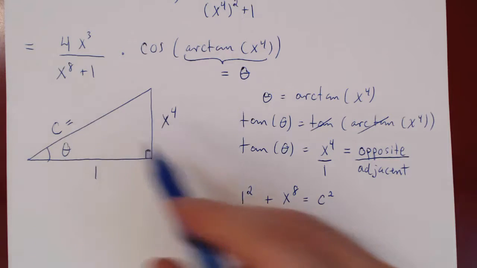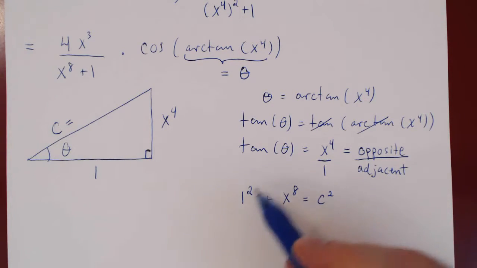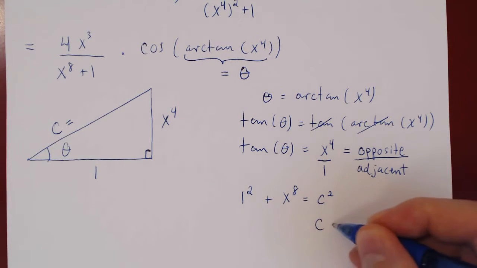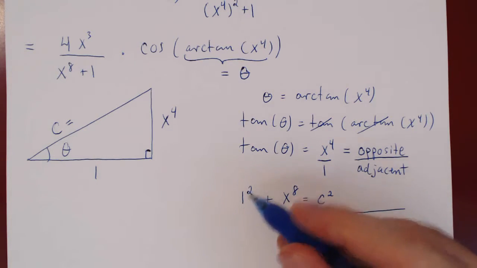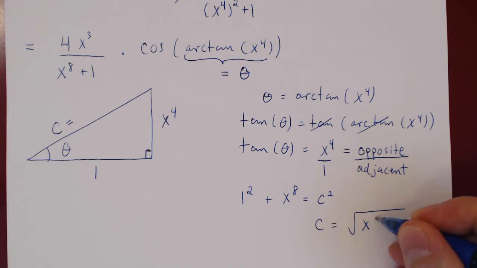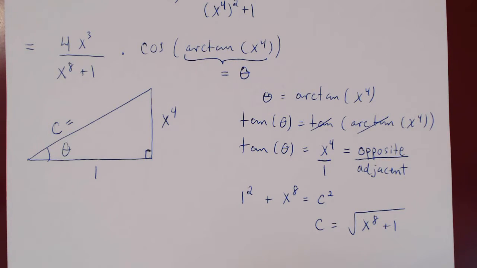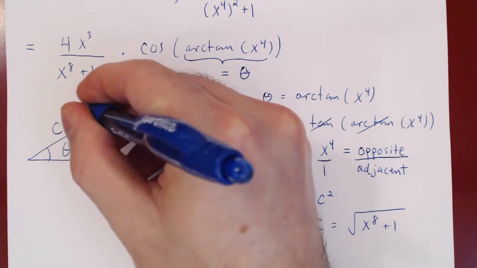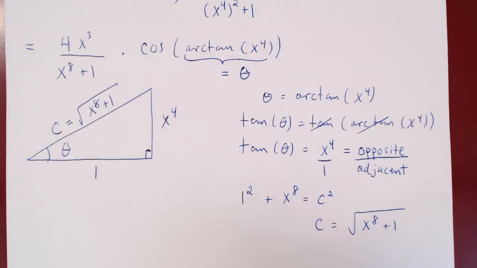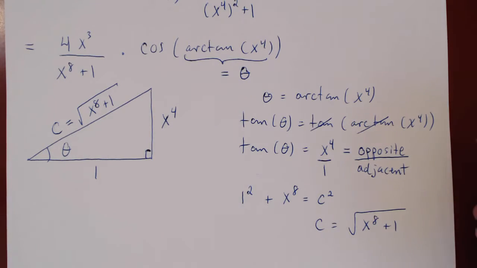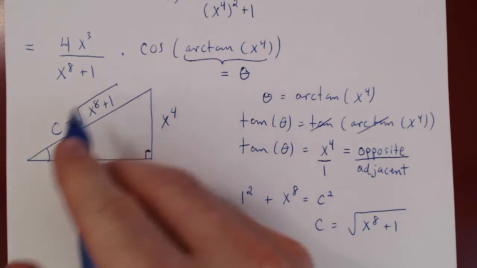This is positive, and so we can easily solve for c by taking the square root of this. So c is the square root of x to the 8 plus 1 squared, which is just 1. And we have the hypotenuse of our right triangle, the root of x to the 8 plus 1. And now we have a complete triangle.